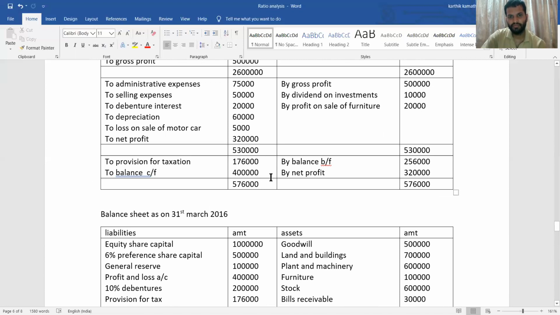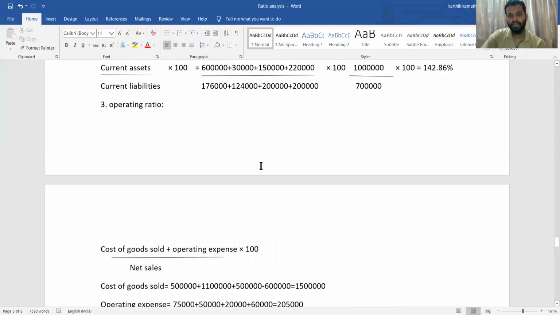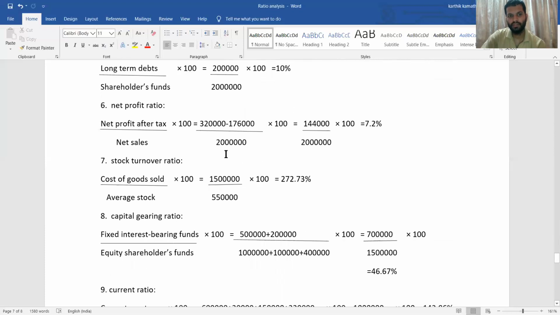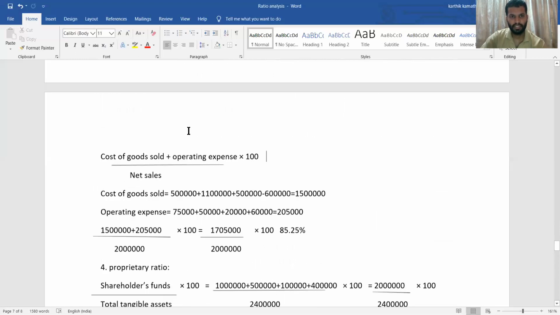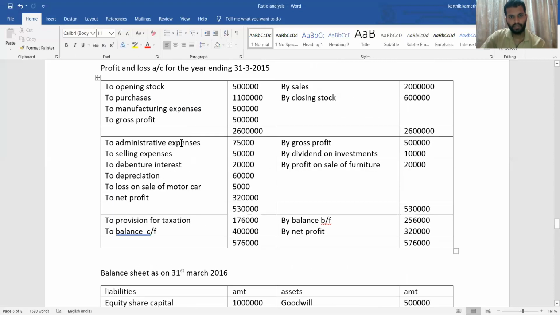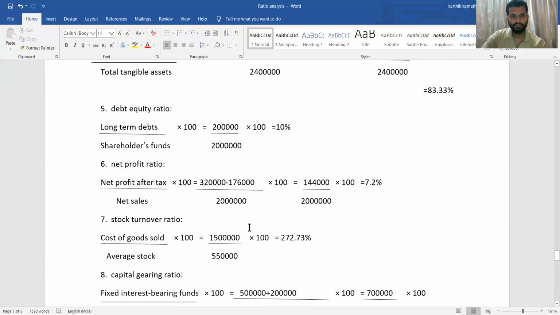Net profit after tax means 3 lakh 20,000 minus 1 lakh 76,000, so you will get net profit after tax of 1 lakh 44,000, divided by net sales into 100, that is 20 lakh directly given. So 1 lakh 44,000 divided by 20 lakh into 100 is 7.2%. Since net profit before tax is given, you need to deduct the provision for taxation given in the profit and loss account, 1 lakh 76,000, from net profit.